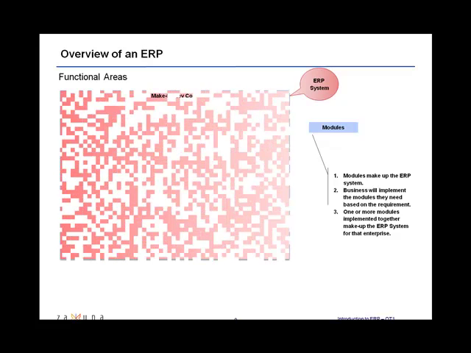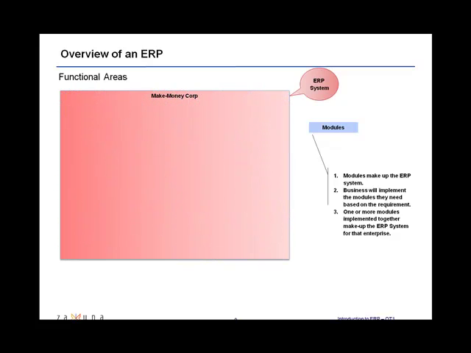So, overview of an ERP system. When you look at an ERP system, it's primarily made up of different modules, and typically you would see businesses implement two or more of these modules based on their requirement. When a business implements one or more modules of an ERP, it becomes the ERP system for that enterprise.